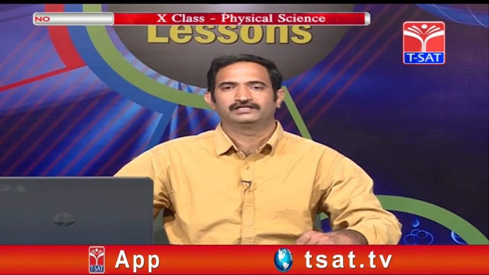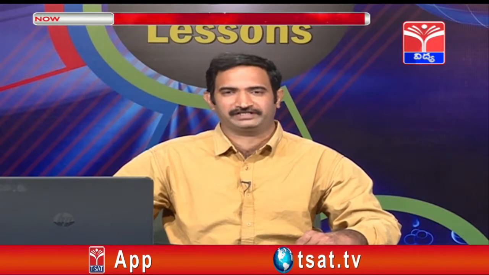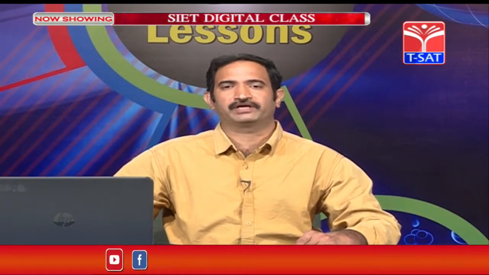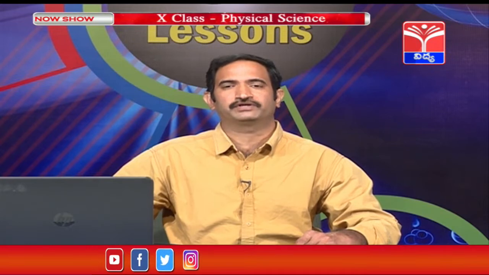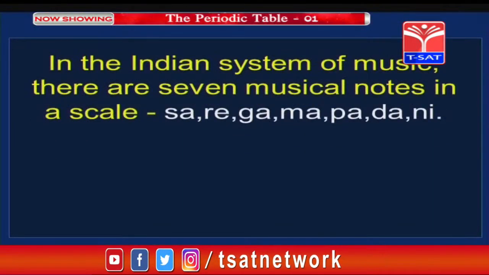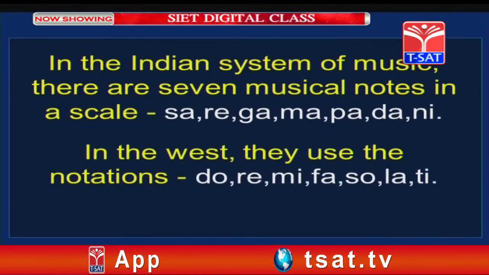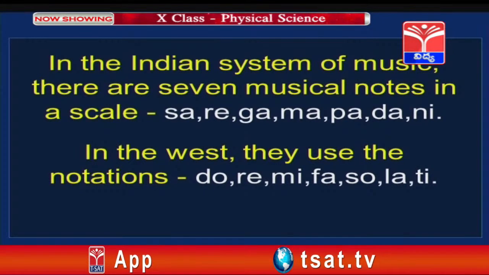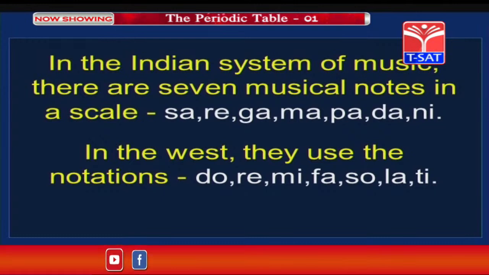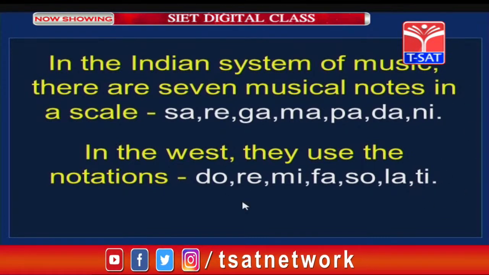In the West, we use the notation do re mi fa sol la ti. Here also, do will repeat after the 7th sound, and again do will come.